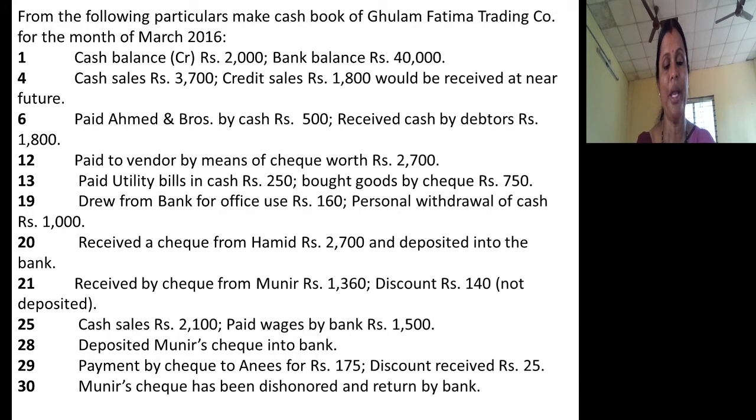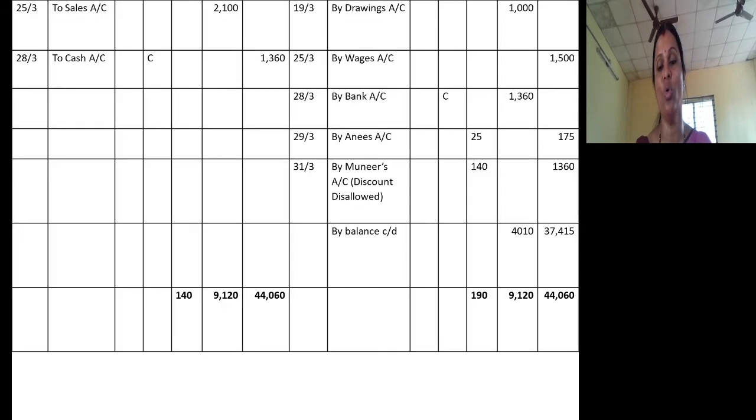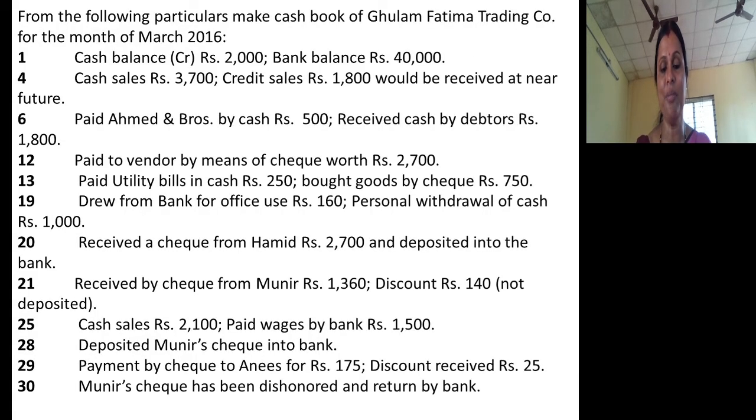So next one, what is that? Payment by check to Anis rupees 175. Whenever you pay Anis by check, what's the journal entry? Anis account debit to bank account. So bank account should be credited. So by Anis to 175, and at the same time it is there in the problem, discount received was 25. What's the journal entry? Anis account debit to discount received account, that is 25.